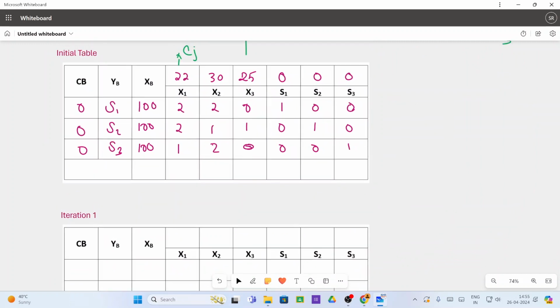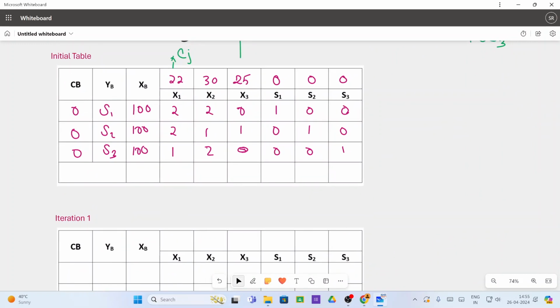In the initial table we have certain formulas to be followed, in order to calculate your zj minus cj. The formula is the summation of CB into XB. You have to multiply CB into XB, so 0 and 100, 0 and 100.